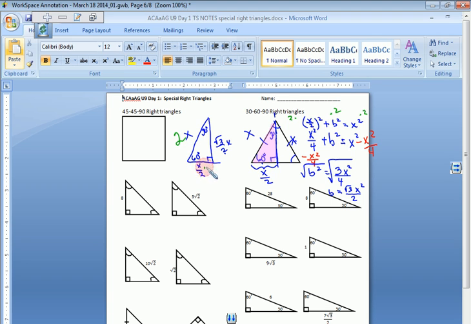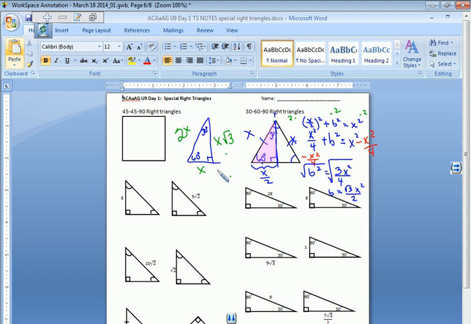I'm going to multiply this by 2. And I'm going to multiply this by 2. So what happens to that 2? Goes away. What happens to this 2? It goes away. So now I don't have fractions. Some of you may be okay with fractions. Some of you might not like them. So once I multiply through, I make my fractions go away. So this is 2x. This is x. This is x root 3.